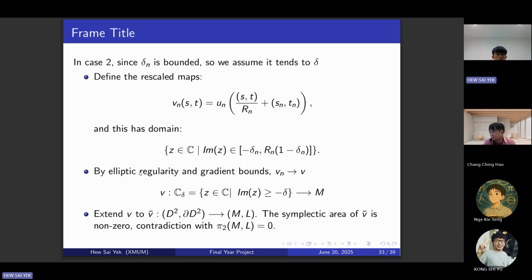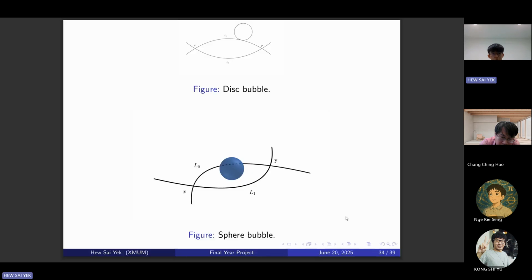Now, by elliptic regularity, if V_n has a subsequence converging to V, by the removable singularity theorem we can extend it, but it is also a contradiction with pi and L equal to 0. The symplectic area of V bar is non-zero. This bubble and this bubble are different.